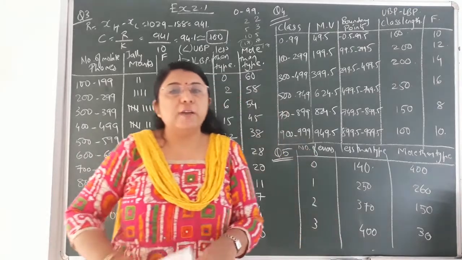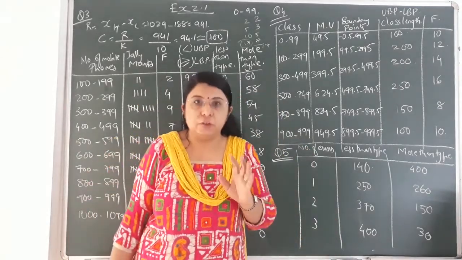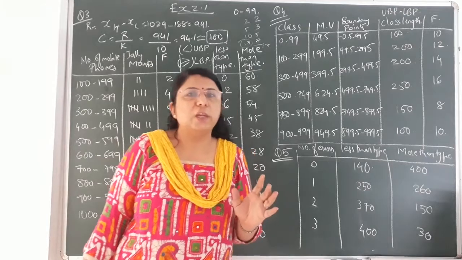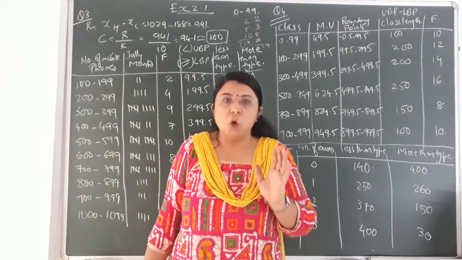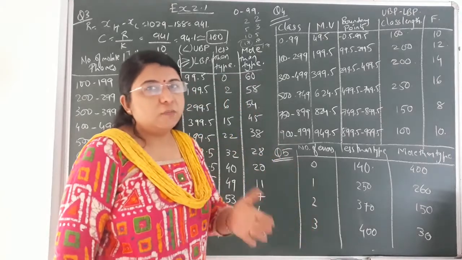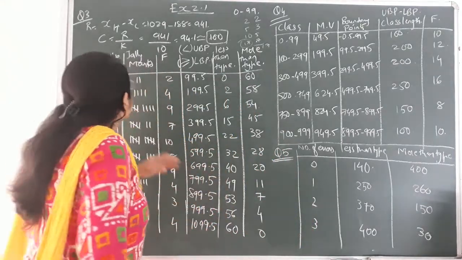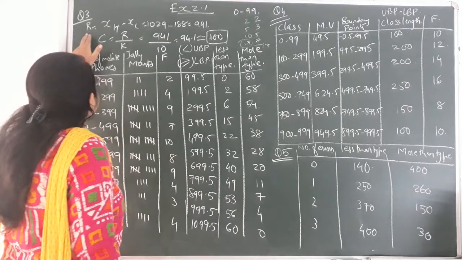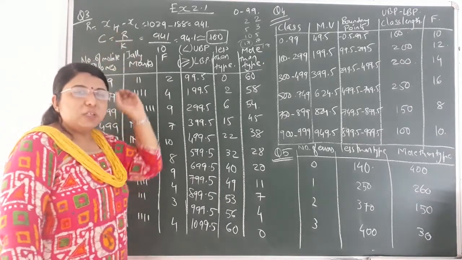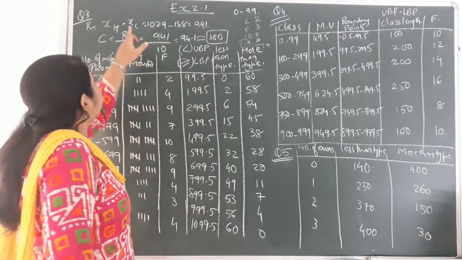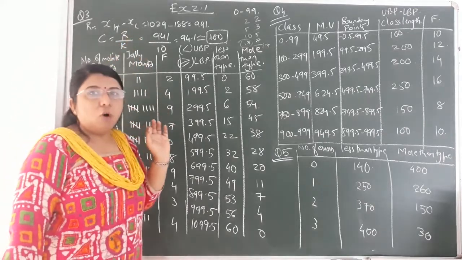Now for that, the first step is to find the range. We have already discussed in the previous video lecture how to find the range, that is highest value minus lowest value, or maximum value minus minimum value. You can see I have shown the calculation over here, that is range is equal to xh minus xl. xh means highest value of x and xl means lowest value of x.